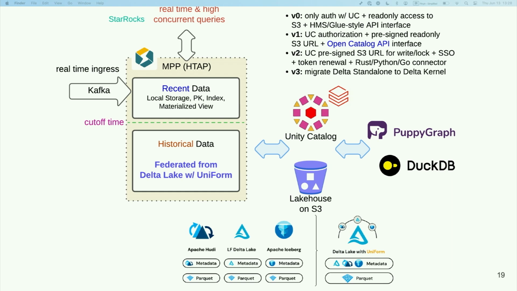But very soon, once the open source Unity Catalog API is published, we're going to switch to that one. We will get not only the authentication, but the authorization. And then you can see the journey will continue to move on to the Delta kernel eventually.